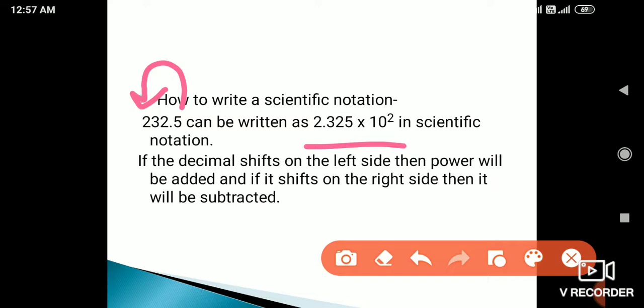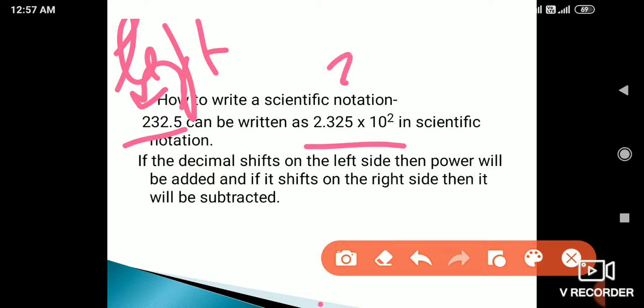So if you just remove this decimal and shift it towards the left side, it will become 2.325 into, because this is capital N, 2.325 into 10, that is the base, and now the exponent.